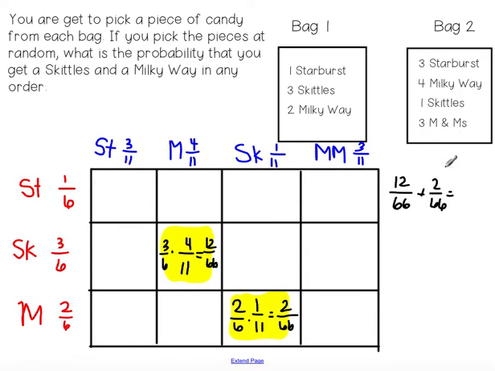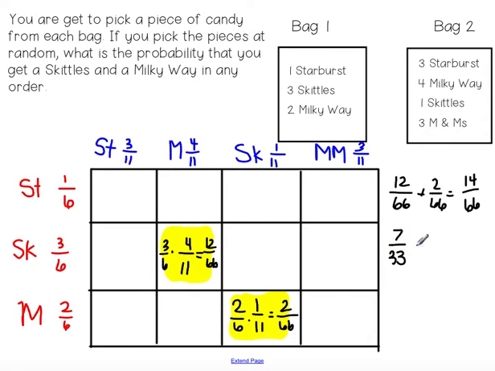So 12 plus 2 is 14, and we're going to put that out of 66. Remember, when we're adding fractions, we don't want to change that denominator. So 14 out of 66, trying to find a number that goes into both of those. I know that 2 does, they're both even, so if I divide by 2, I get 7 out of 33.